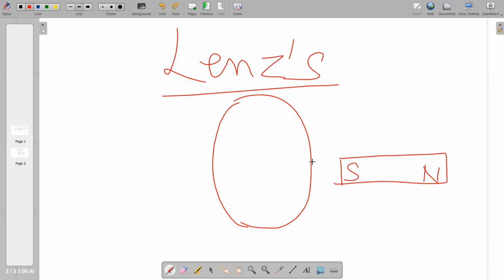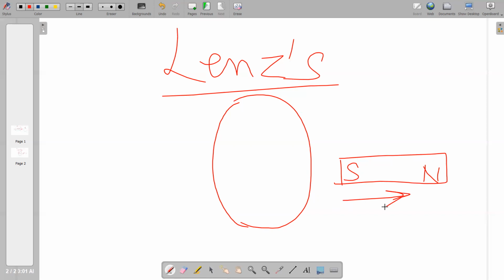South pole and north pole are marked like this. Now I am moving the magnet away. Basically, I'm moving the south pole away. What should be the direction of induced current? It should be opposite.